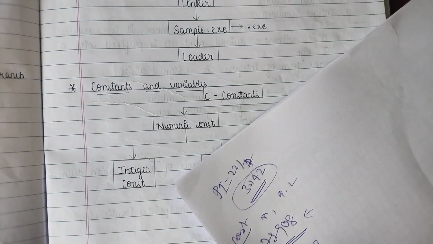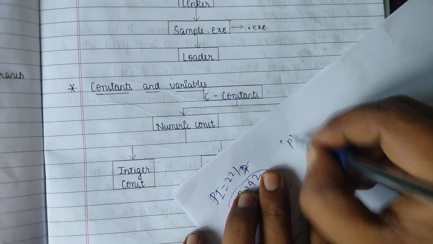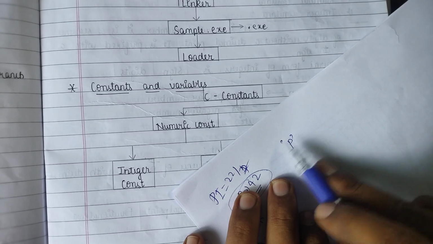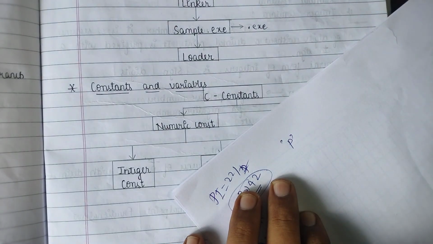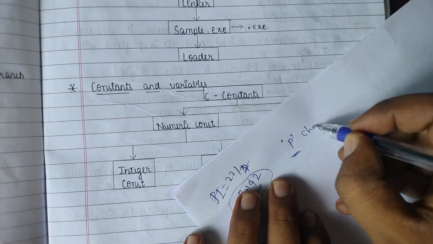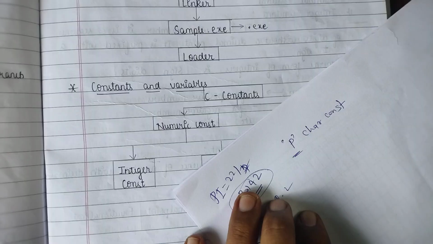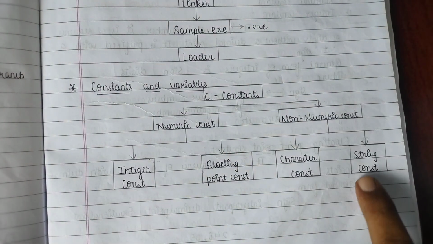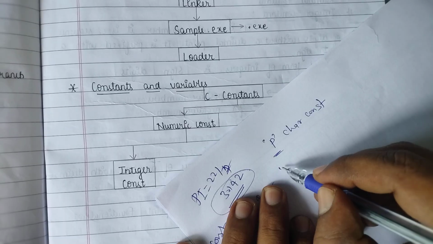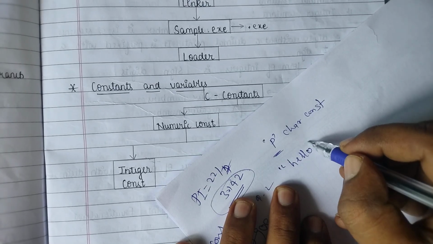See, the name itself indicates it's a character constant, means it can contain only a single character. A single character which is enclosed within single quotation marks or apostrophes is called a character constant, because it can contain only a single character. Now the second type is string constant. String constant means it is a sequence of characters, for example, HELLO, hello.